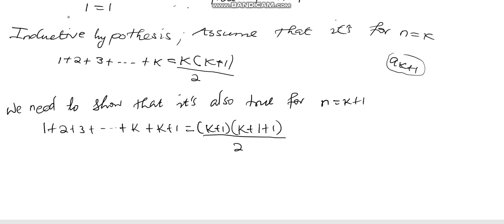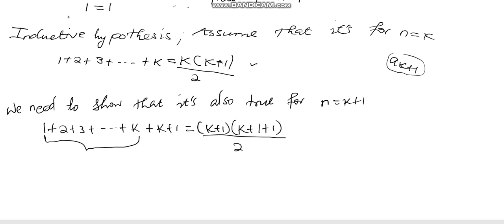Now, if you look at these terms here, starting from the first term all the way up to the kth term, you notice that this is the claim that we made on step number 2, which is the inductive hypothesis. So we can substitute these terms with the right hand side of step number 2.